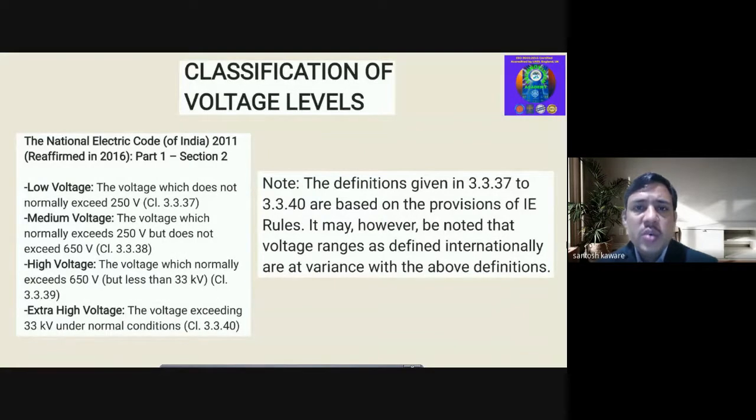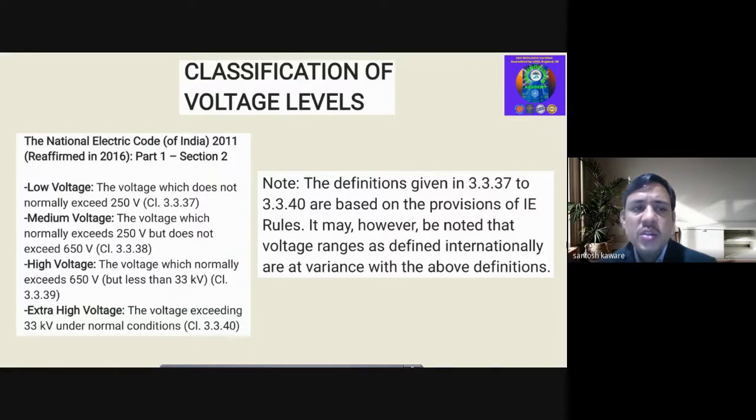Whenever we are talking about NEC, that is National Electricity Code, in 2011, again it is revised and reaffirmed in 2011. So part 1 section 2 of that again gives some direction regarding the classification of voltage levels.